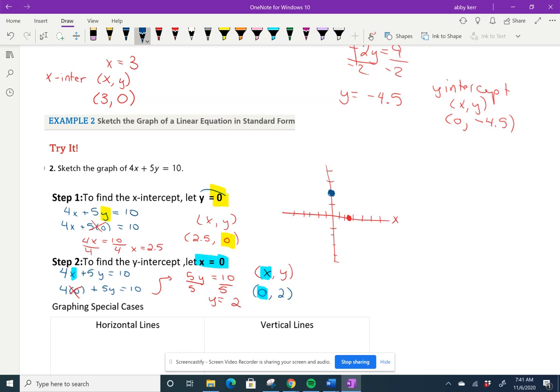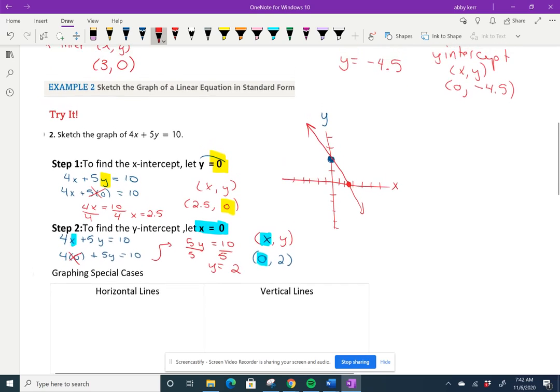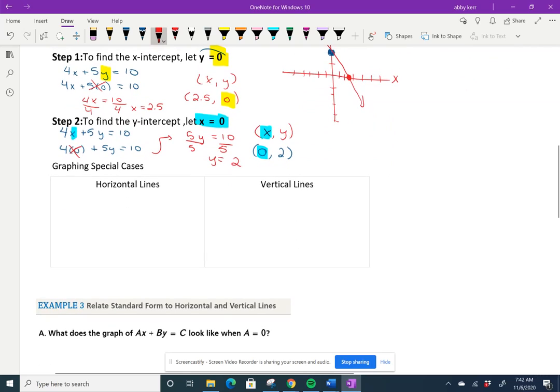So I'm going to plot my y on my y-axis, and then I'm going to connect the 2 points, draw my line all the way through with arrows on the end. So that's all you do for standard form. Standard form is just for the x and y intercepts.